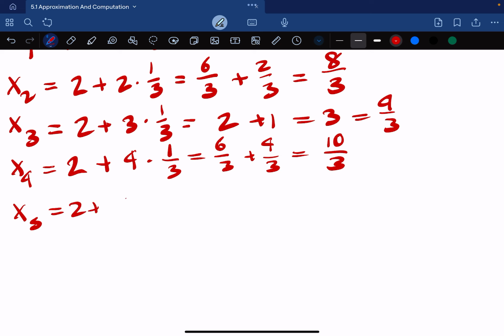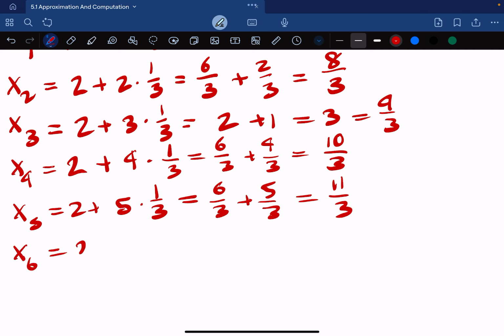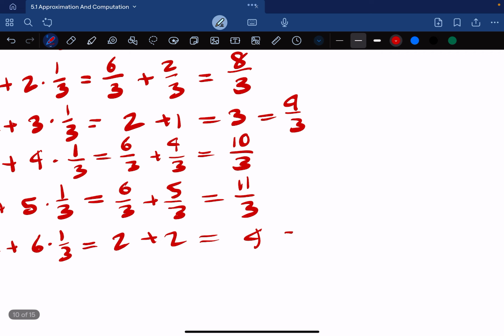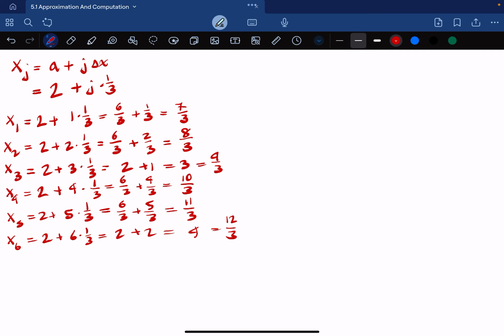Now, x of 5, 2 plus 5 times 1 over 3, which is 6 over 3 plus 5 over 3, which is 11 over 3. And x of 6 is 2 plus 6 times 1 over 3, which is 2 plus 2, so 4, or otherwise known as 12 over 3.